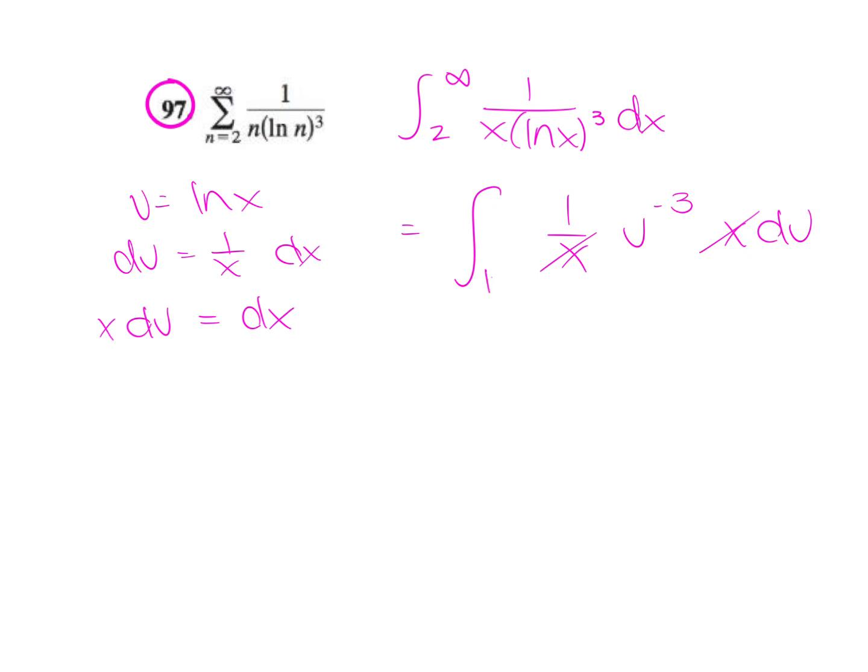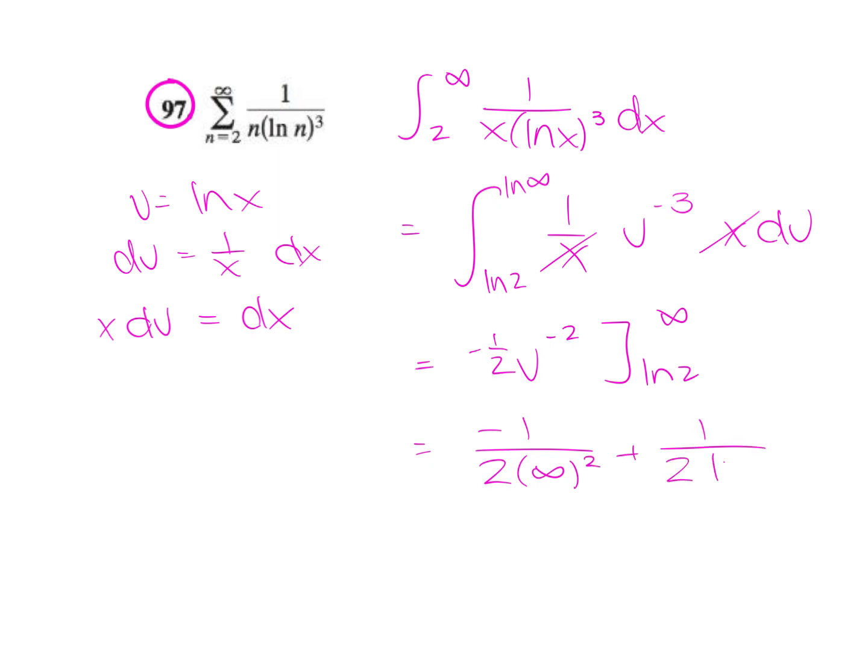My boundaries will be ln of 2 and ln of infinity, which you could just say is infinity. So this becomes u to the negative second with a negative 1/2 out front on the boundaries ln of 2 to infinity. Therefore, negative 1 over 2 infinity squared plus 1 over 2 ln of 2.